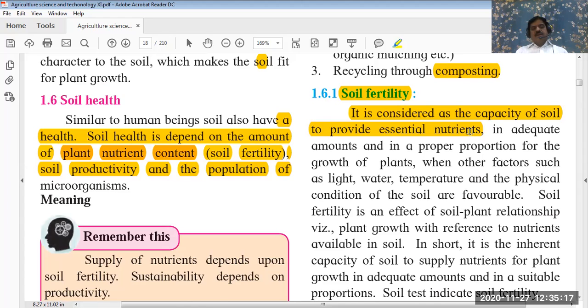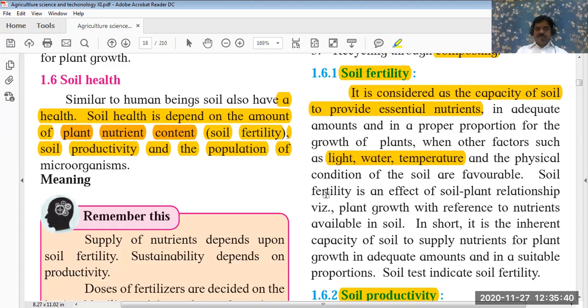Means there are a number of essential nutrients available in the soil; that soil is called fertile soil. The nutrients should be present in adequate amount and in proper proportion, and other factors are also important. Along with nutrients, light, water and temperature are important to maintain fertility in the soil.